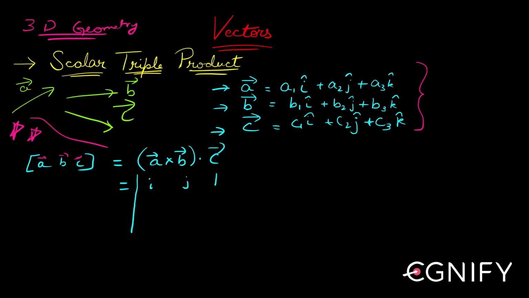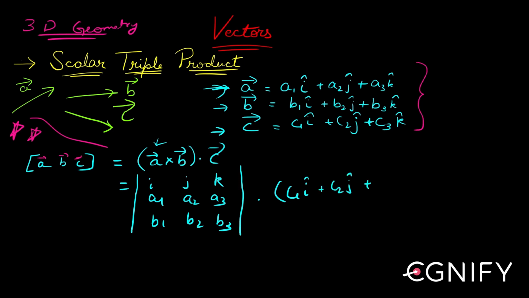We've already seen this I, J, K. And then because it is A first, we will put the components of A in the second row, A1, A2, A3, and B1, B2, B3, right? You have to dot this with the components of C, that is your C1I plus C2J plus C3K.